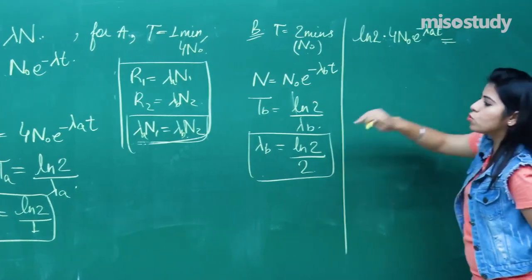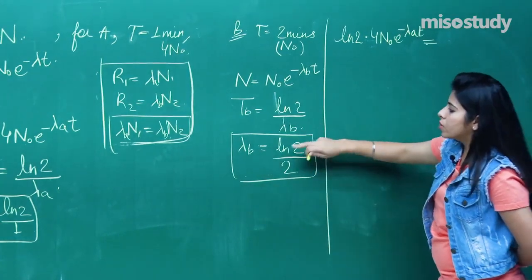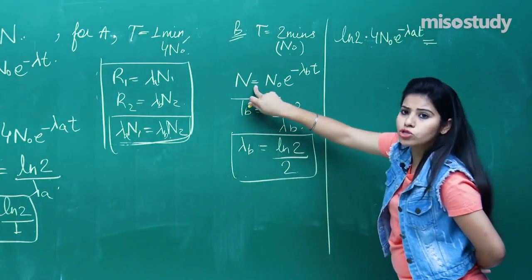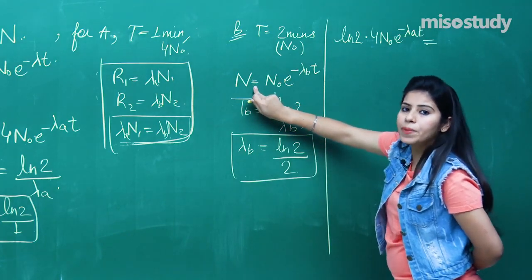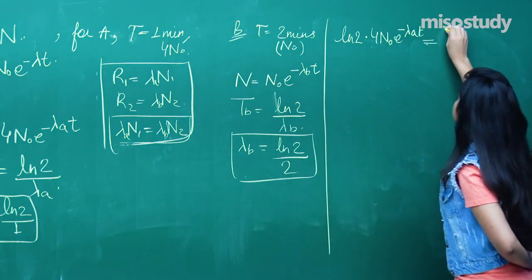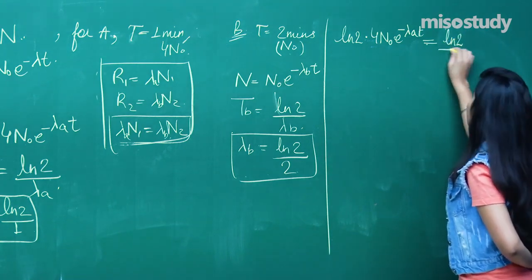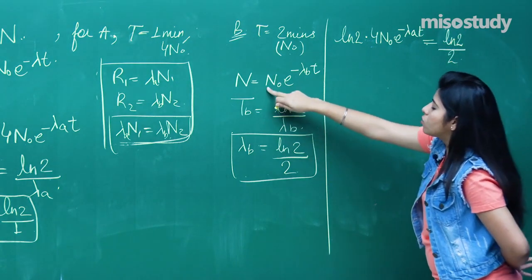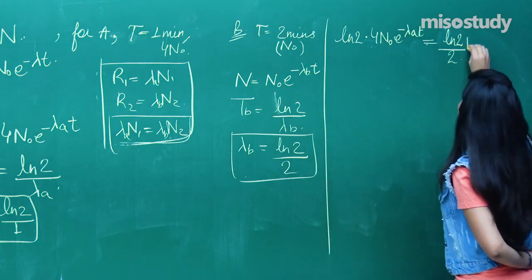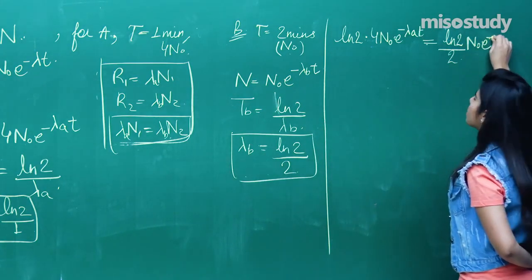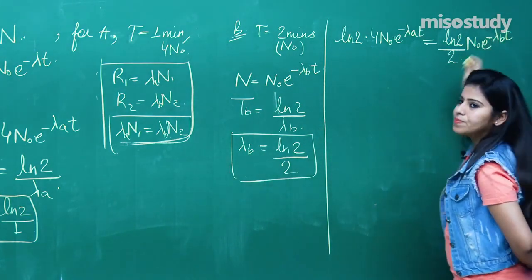This is equals to lambda b into n2. Your lambda b is this and your n2 is this. n2 is for b. So lambda b is log 2 by 2 and n is n naught e raised to the power minus lambda b into t.